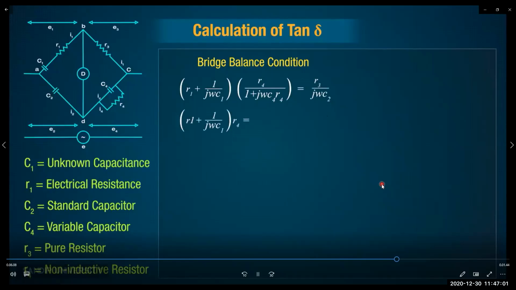So this is the expression we get. Simplifying these equations and multiplying inside, we get R1R4 minus jR4/ωC1. Simplifying further, we will get the result like this.